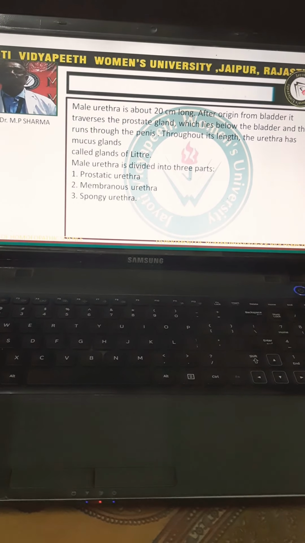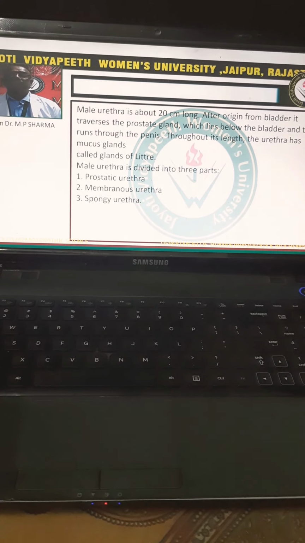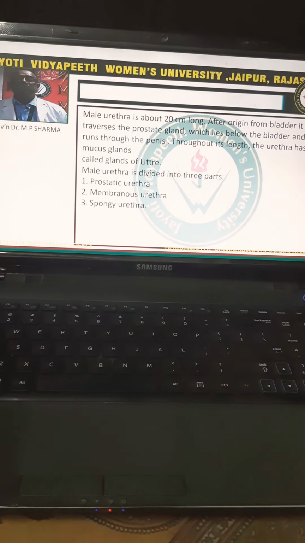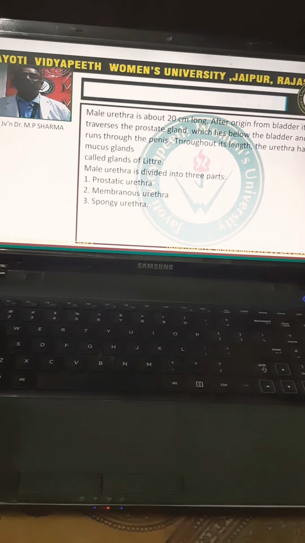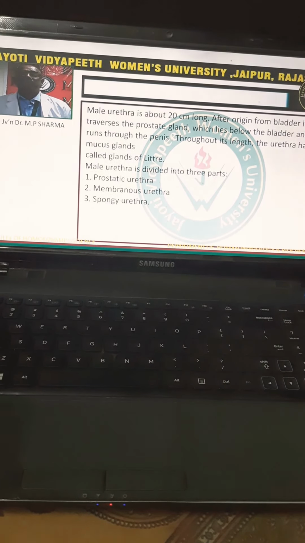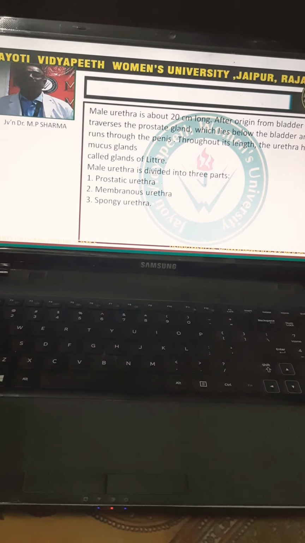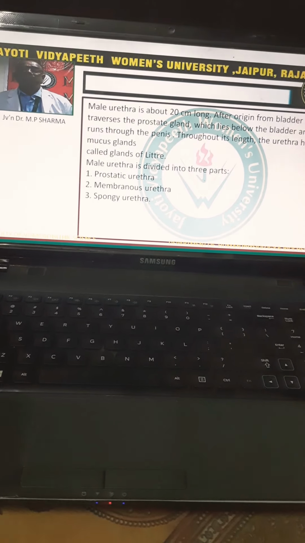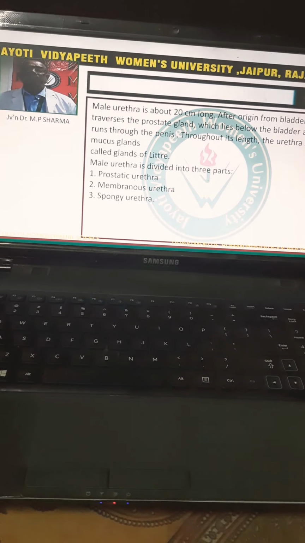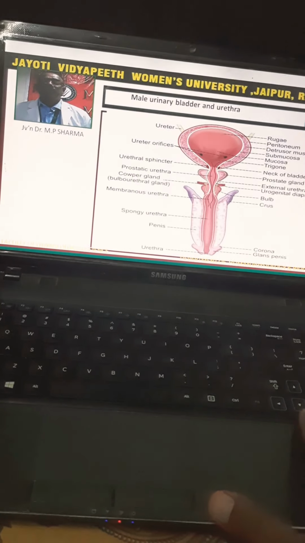After origin from the bladder, it travels through the prostate gland, which lies below the bladder, and then runs through the penis. Throughout the length, the urethra has mucous glands called glands of Littre. Male urethra is divided into three parts: prostatic urethra, membranous urethra, and spongy urethra.